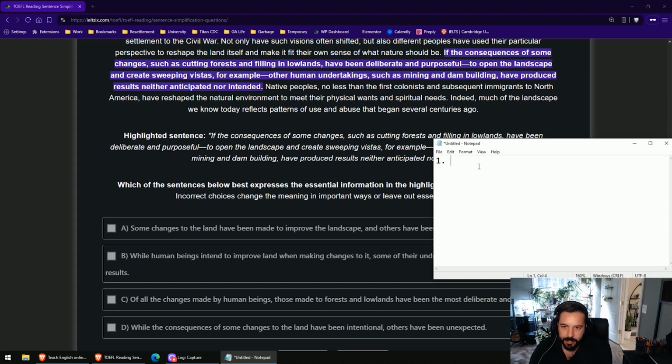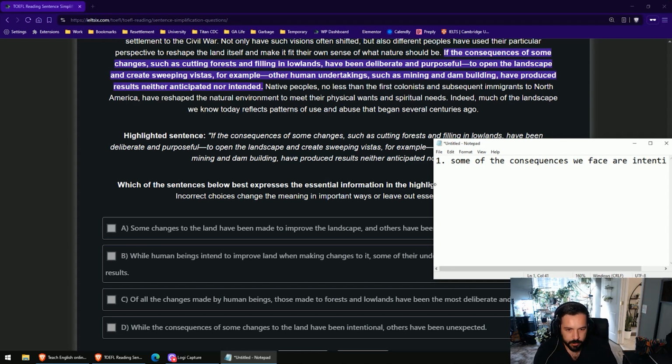So let's just go with the main idea without mentioning any examples. Also, I don't think there should be an if in there. Some human actions. It does make sense in a literary way, in an academic way of writing. But let's say some human actions have been deliberate. Of course, the actions are deliberate, but let's say some of the consequences we face, we meaning humans, are, I don't know, this is not the best way to say it, but let's put it this way: intentional.